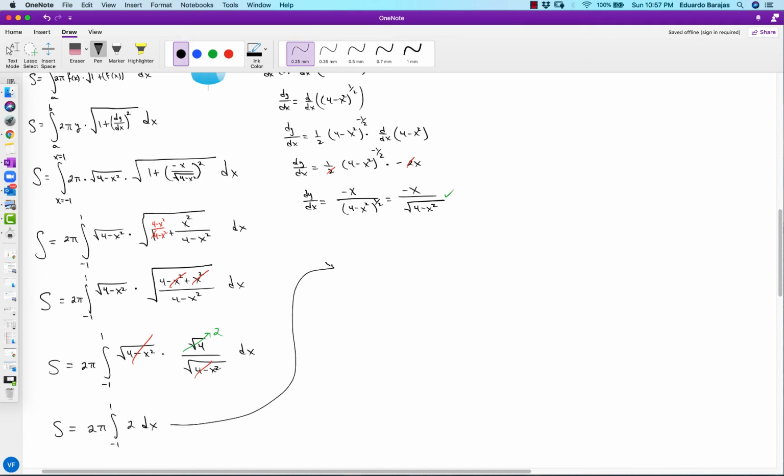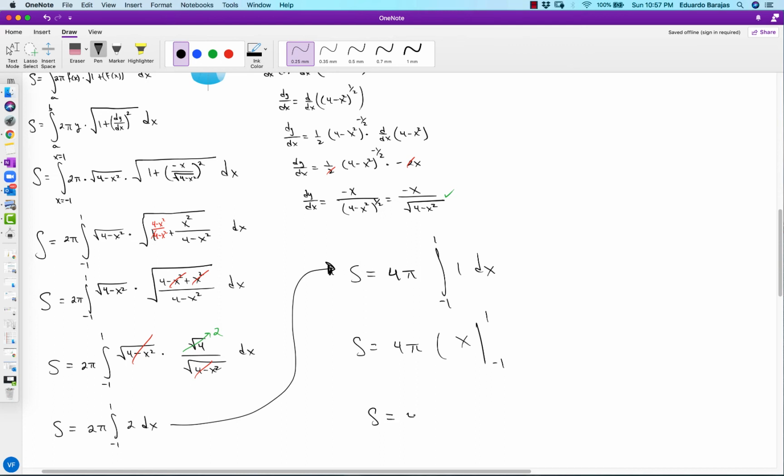Pull this over here. Say that S then is equal to 4 pi integral from -1 to 1 of just 1 dx, which we know that S then is equal to 4 pi times x. The derivative of x is just going to equal 1. Evaluate it from -1 to 1.